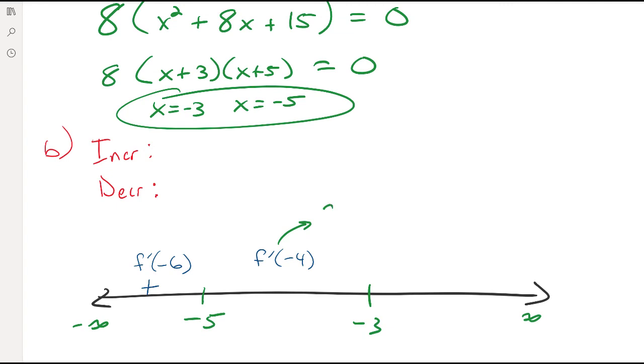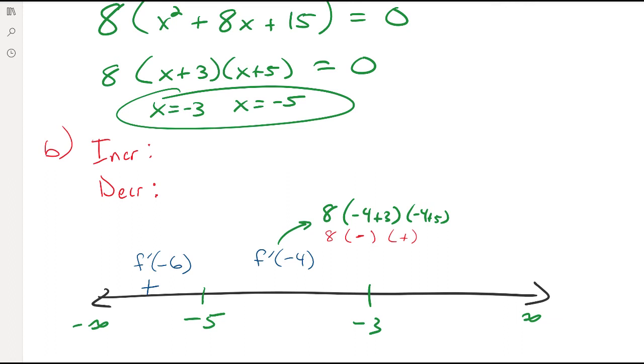So I have 8 times a -4 plus 3 times a -4 plus 5. Okay, so then this is going to be a positive 8, times some negative number, because -4 plus 3 is a -1, times a positive, because -4 plus 5 is a positive number.